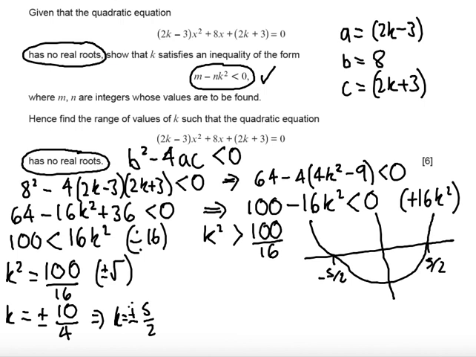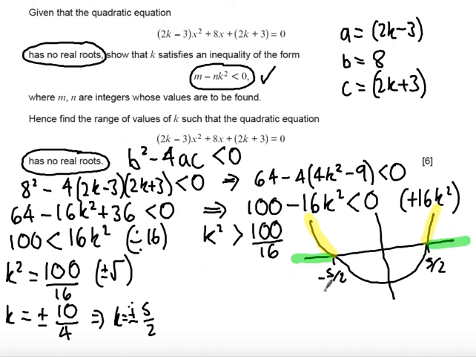So let's get a highlighter pen and highlight the part of the graph which is greater than 0. This part of the graph above the x-axis is greater than 0. The x values that I'm interested in are the x values that generate that part of the graph, so I'm looking at the left-hand tail and the right-hand tail.